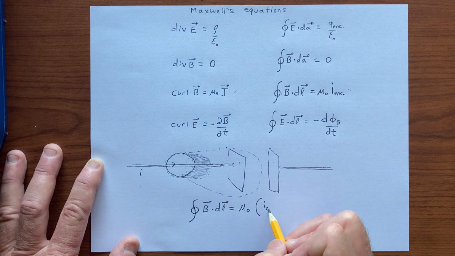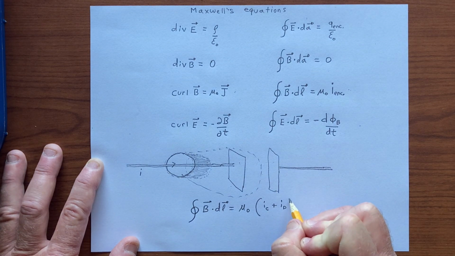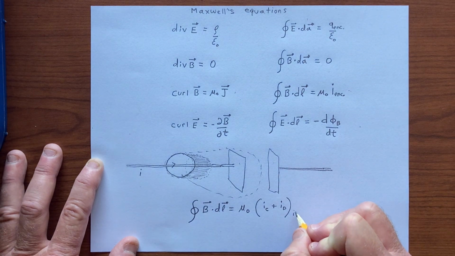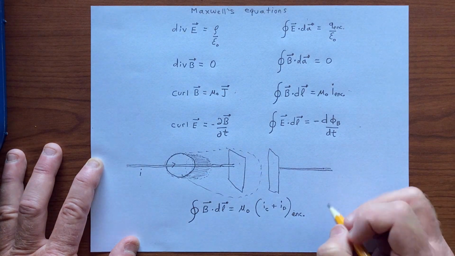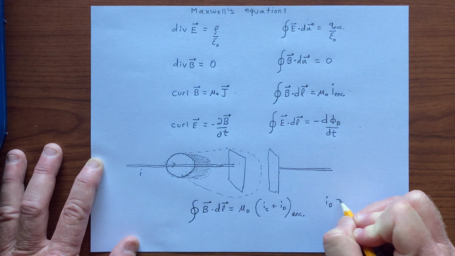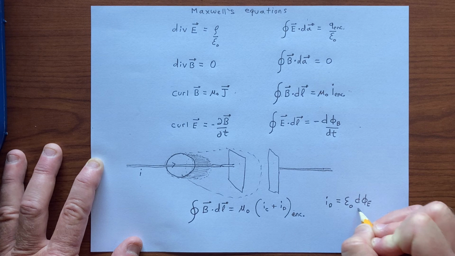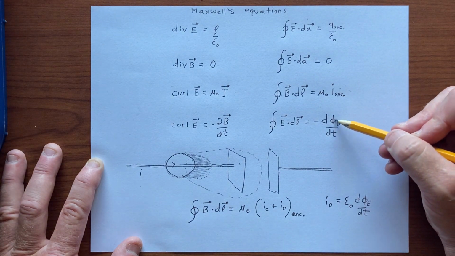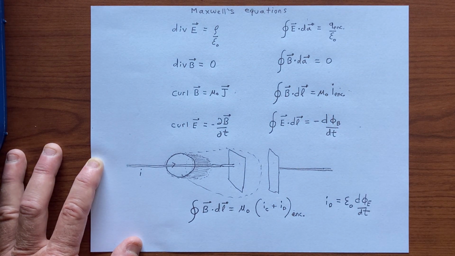So there's no I conduction through here, but there is a displacement current, called I displacement enclosed. Where in fact I D looks like this. And it has to do with the time-changing electric flux in analogy with this equation. So, in fact, the equations are becoming more symmetric.